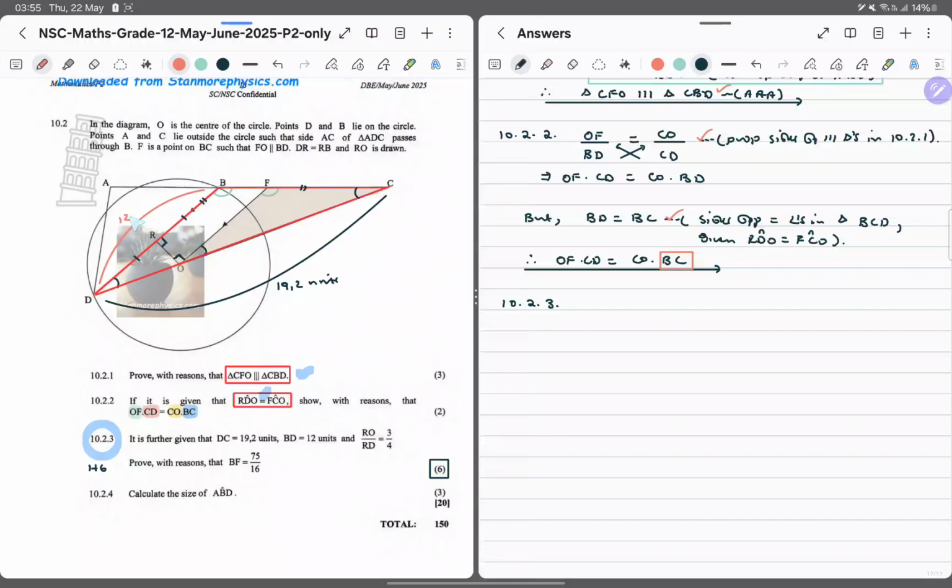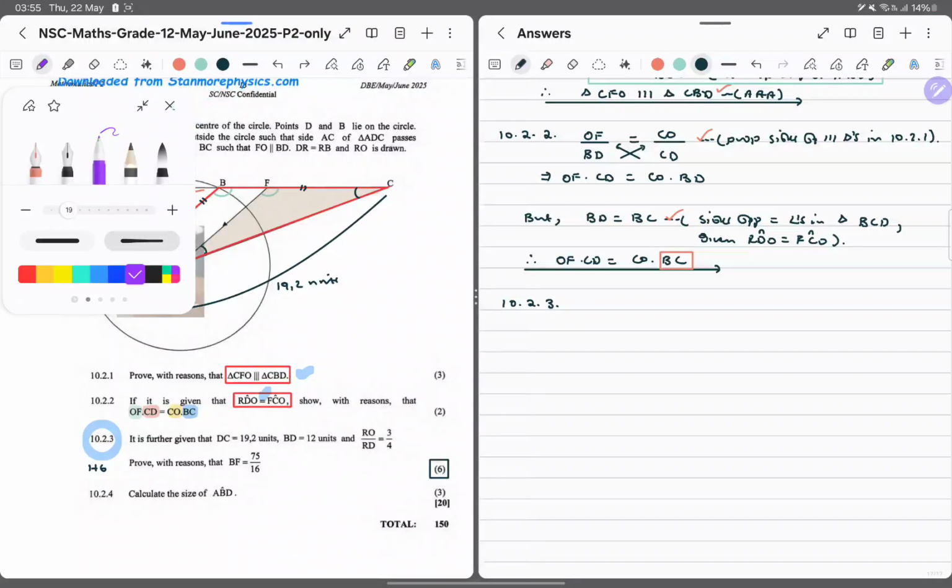So this is 12 units. Okay, and RO... this one is not so visible. Let's choose something visible.